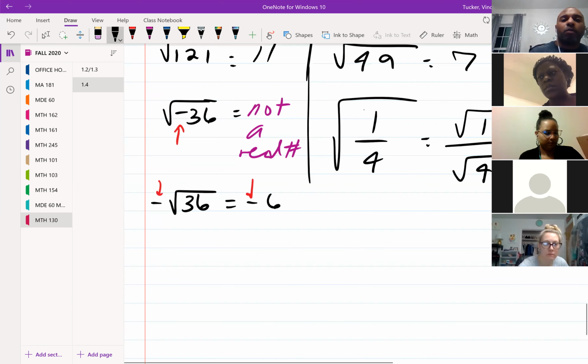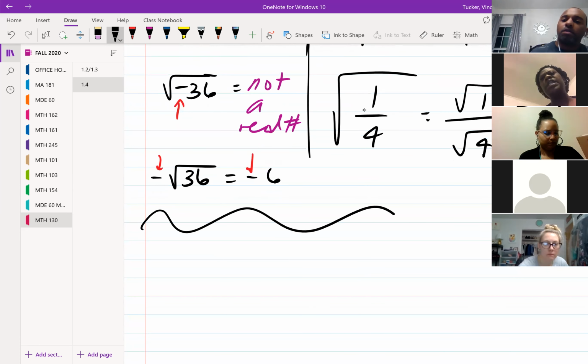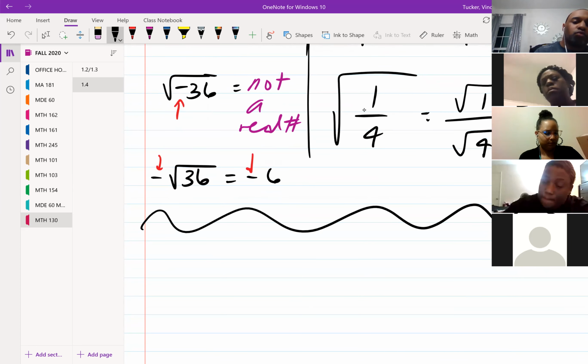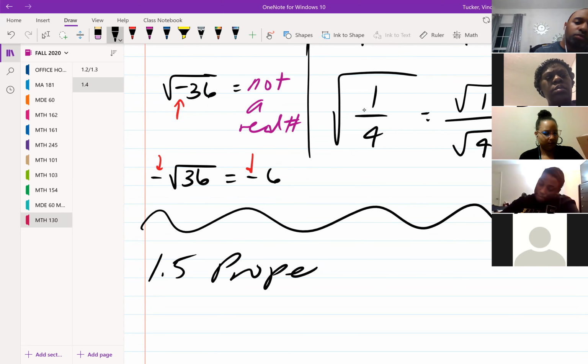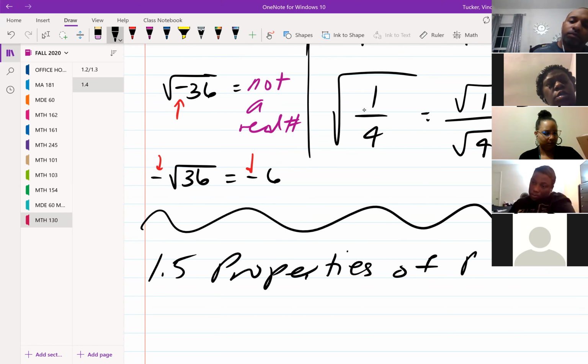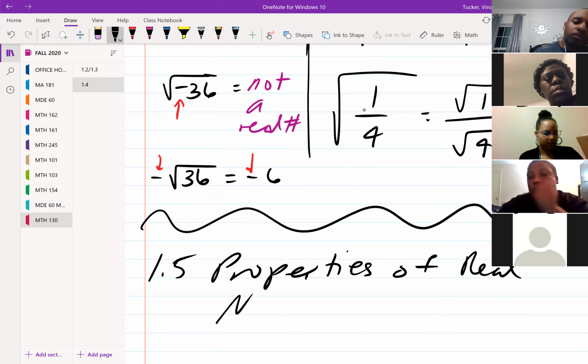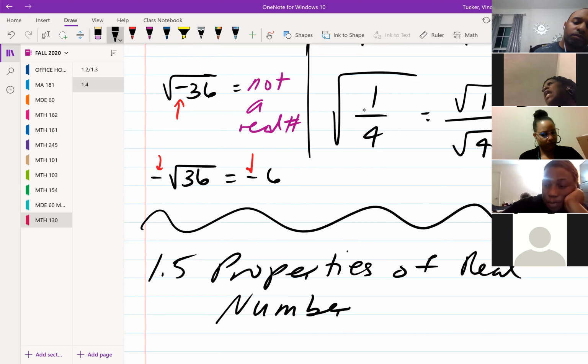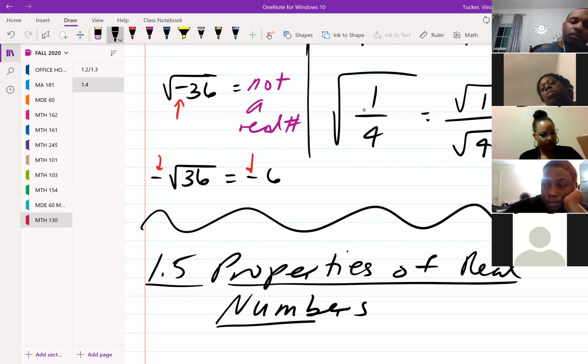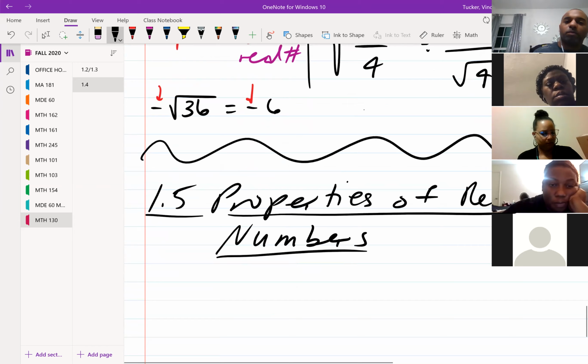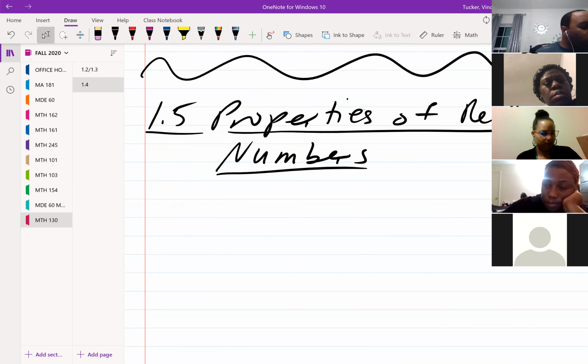All right, so let's look at 1.5. All right, properties of real numbers.